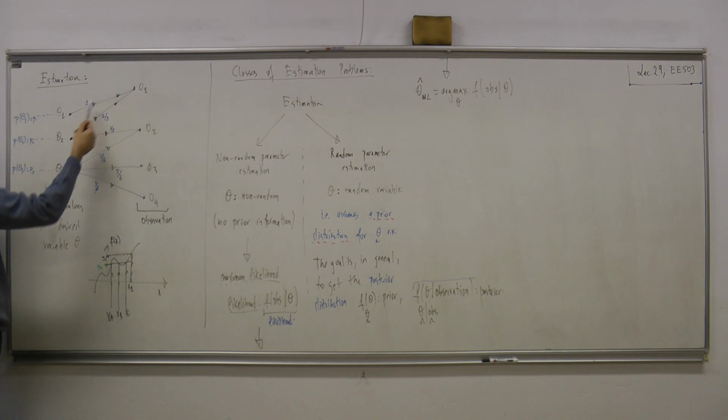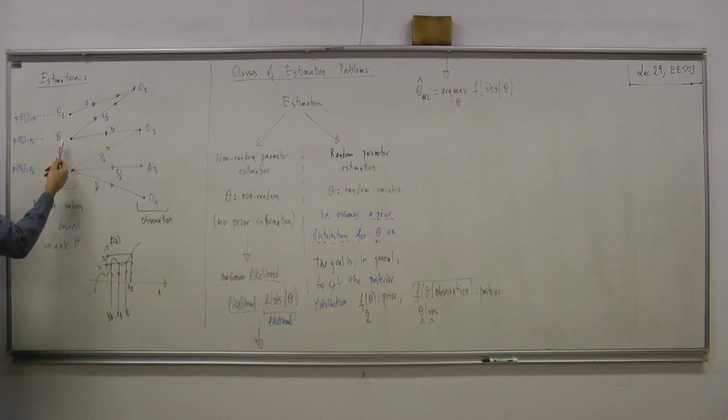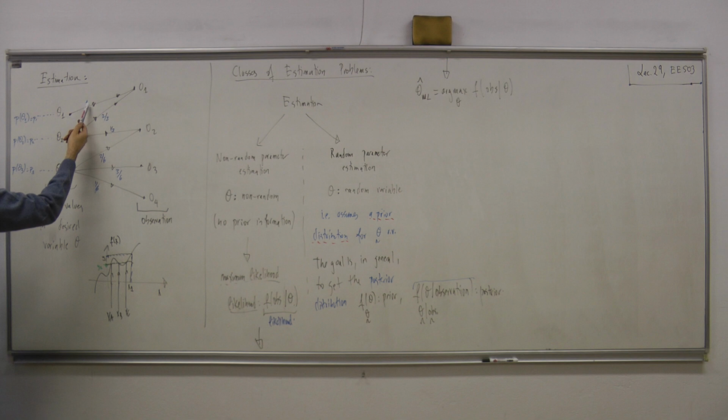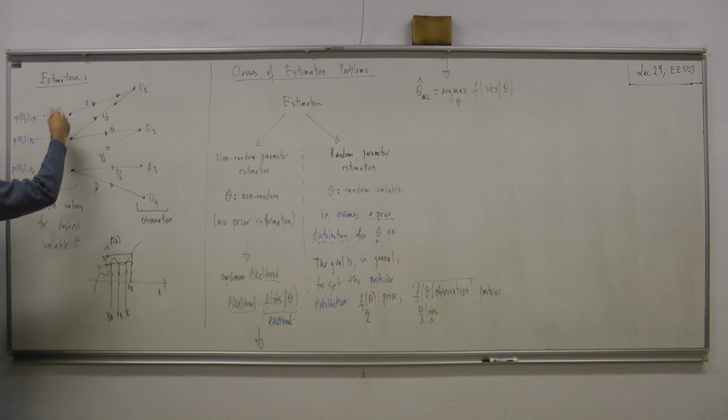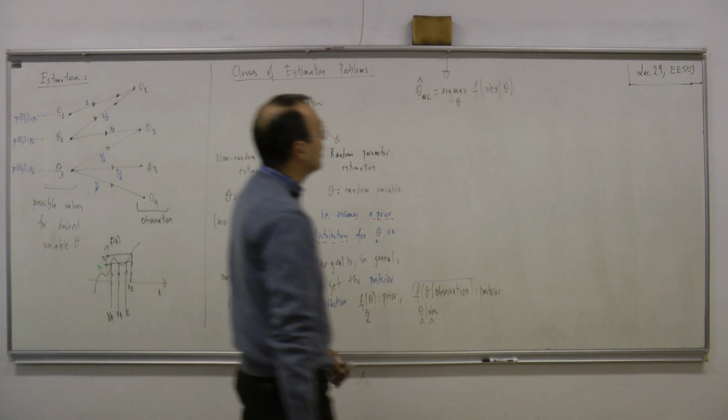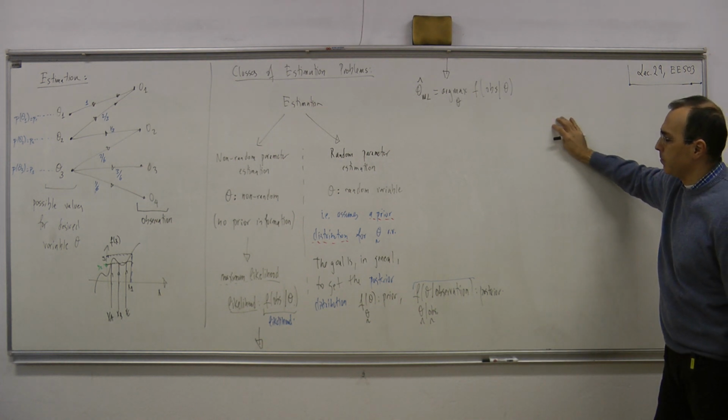This observation can result from theta 1, theta 2, theta 3, but theta 3 is not mapped to that. So it may result from theta 1 and theta 2. I have no idea about which one is more likely at the beginning of this experiment. Then I compare only these blue values, 1 and 2 over 3. Then I say that 1 is greater than 2 over 3. So the maximum likelihood estimate for observation 1 is theta 1. It's as simple as this. Okay, so let's look at this.